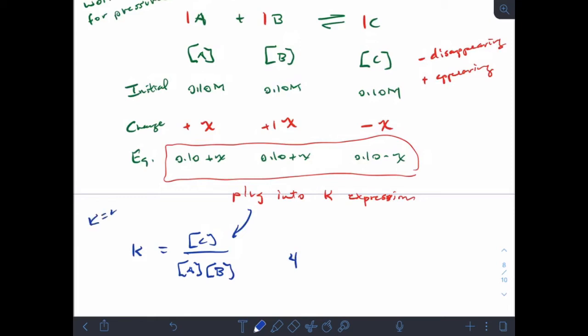Right, remember, let's put this over here, K equals 4. Right, so 4 equals 0.1 minus X over 0.1 plus X times 0.1 plus X.